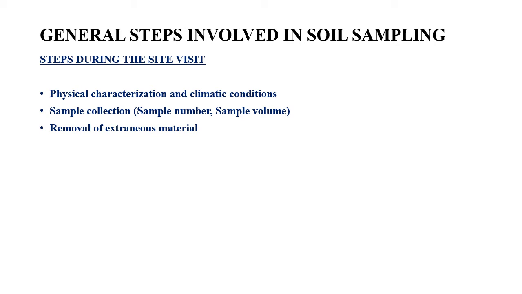Then sample volume will mostly depend upon the area and the depth of contamination. That is, whether you're going to collect it from the subsurface, near the ground surface, or from greater depths. So the volume which can be collected depends upon those two factors, the depth and area of contamination.